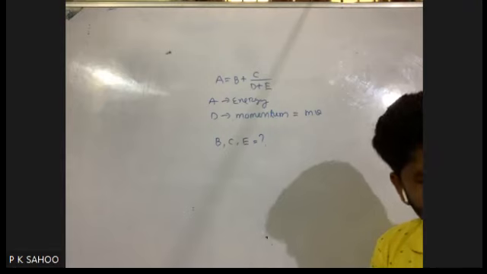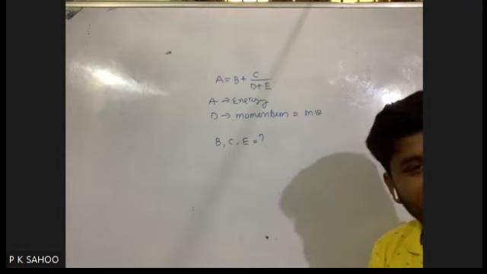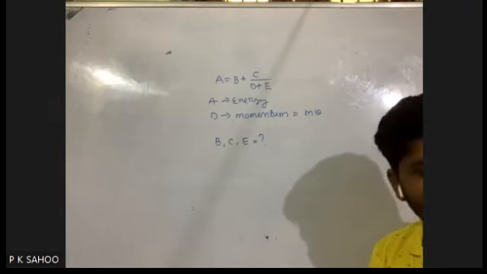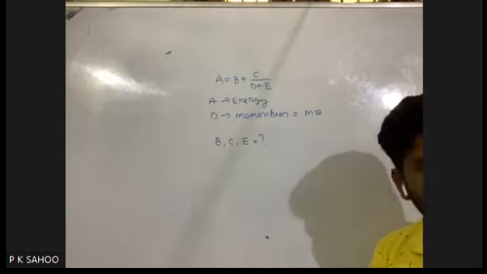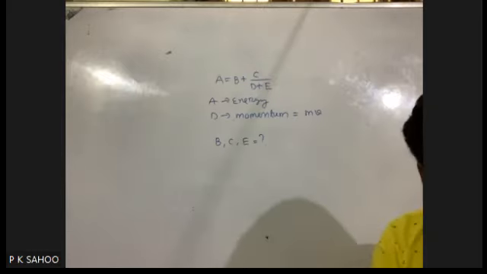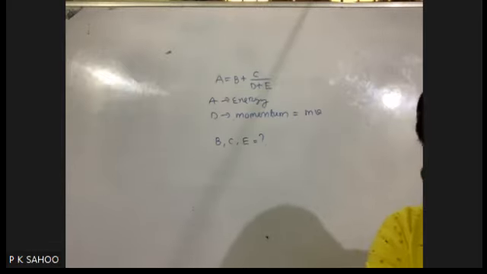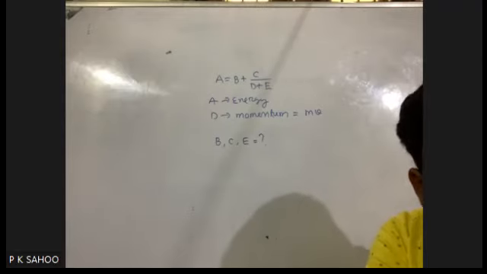Again you will use the principle of homogeneity. Two statements you will use: where they are added, they have the same dimension, and each term also has the same dimension. Must do it. In the next class, we'll discuss the applications of dimensions.